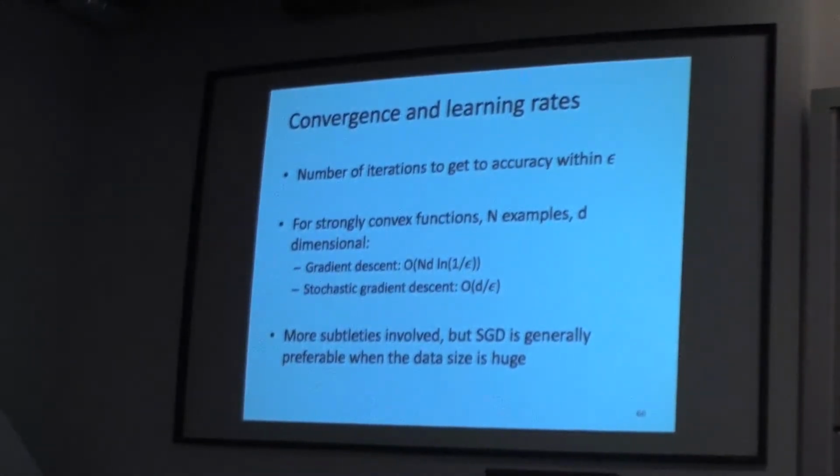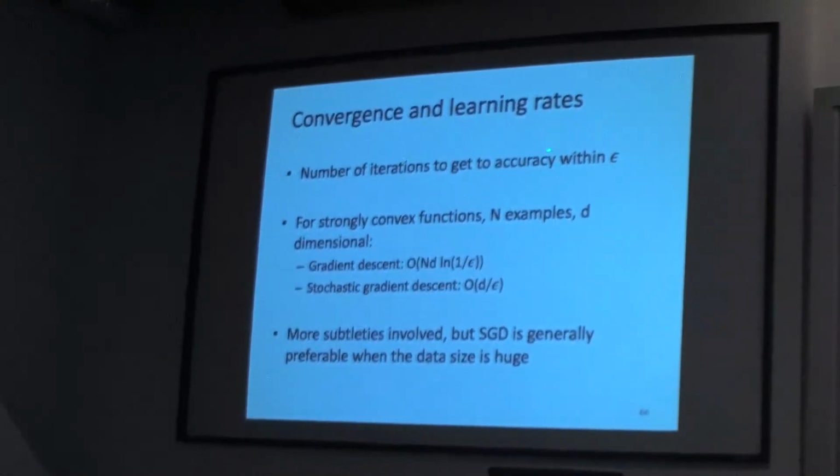Suppose our objective function is strongly convex, we have N examples, and the feature vector dimension is D. If you want to reach an accuracy within epsilon, meaning the distance between your learned model parameters and the optimal model parameters is less than epsilon, gradient descent needs big O of n d log 1 over epsilon updates. So the number of iterations required for gradient descent depends on the number of training examples.